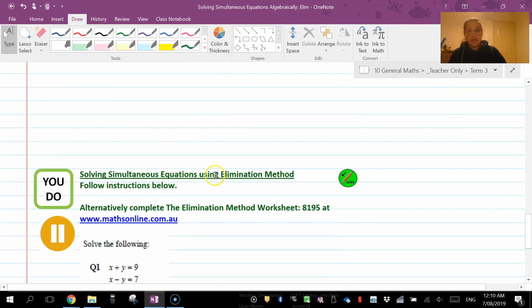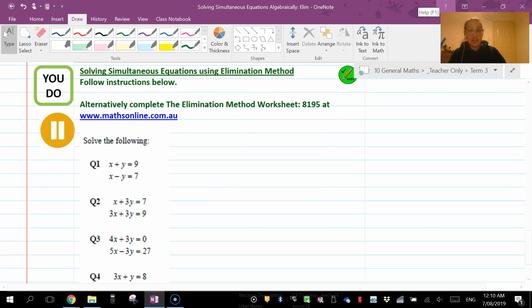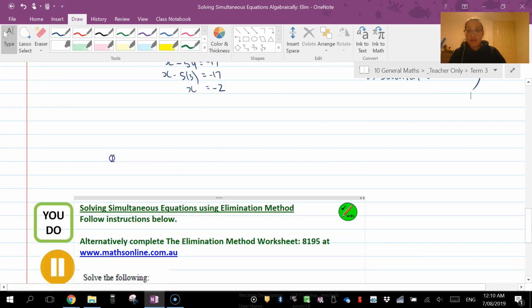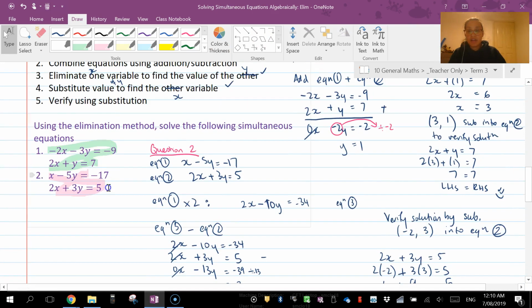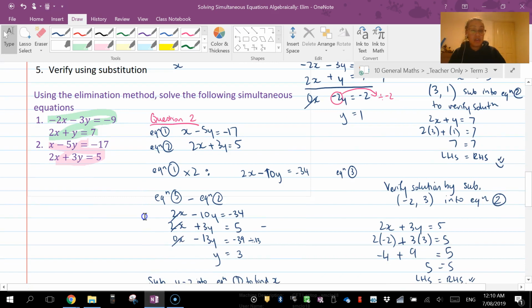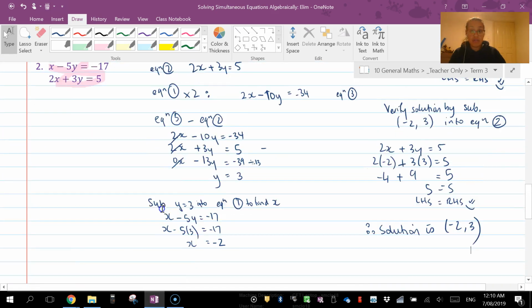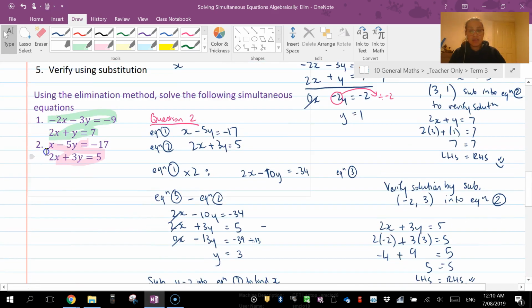Alright, what you're going to do then is you have a couple of questions to solve these ways. Please note as well that I multiplied only one equation in this one here. You can multiply both of them if you had numbers that didn't match up.